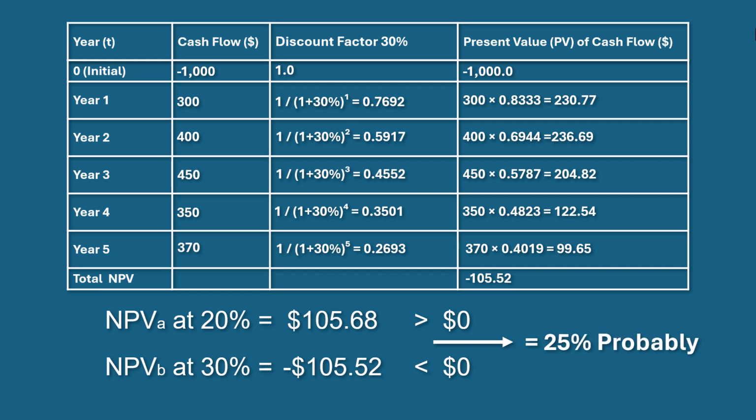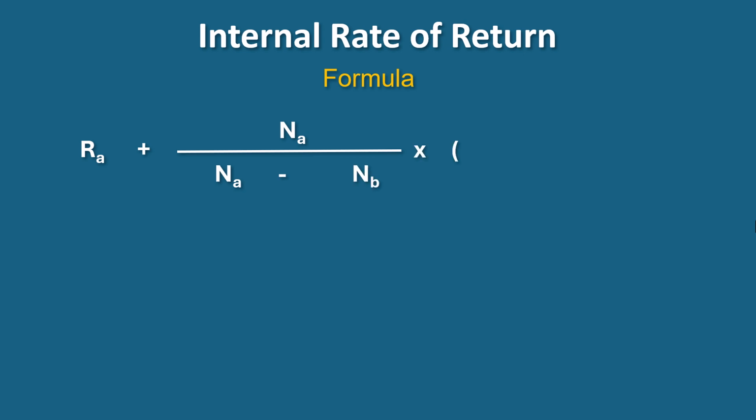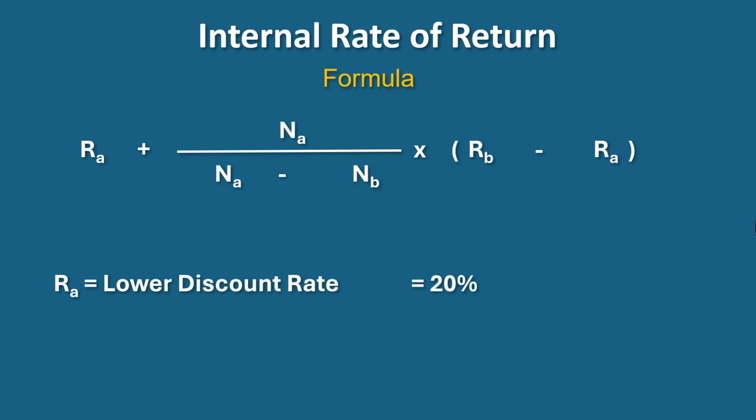But it can be calculated more precisely using the linear interpolation formula. The formula is IRR equals R lower plus NPV lower divided by NPV lower minus NPV higher, multiplied by open bracket R higher minus R lower close bracket, where R lower is lower discount rate equals 20% or 0.20.